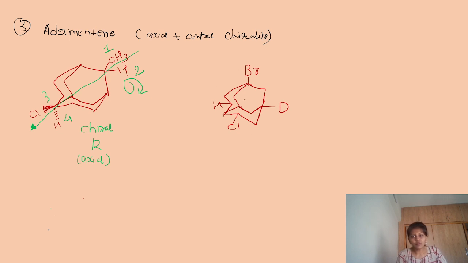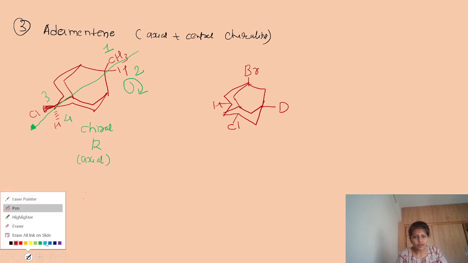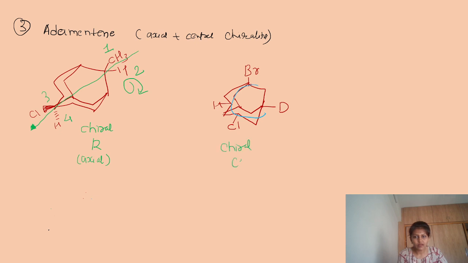So suppose you think that instead of adamantane this is the carbon, right? You can say the carbon is attached to 4 different groups: Br, deuterium, chlorine and hydrogen, right? So central chirality is observed over here. So you can say this molecule is chiral and it is central chirality.